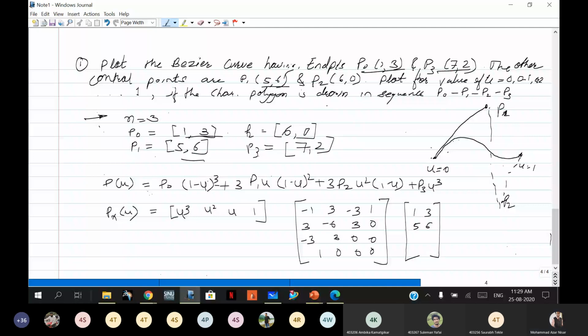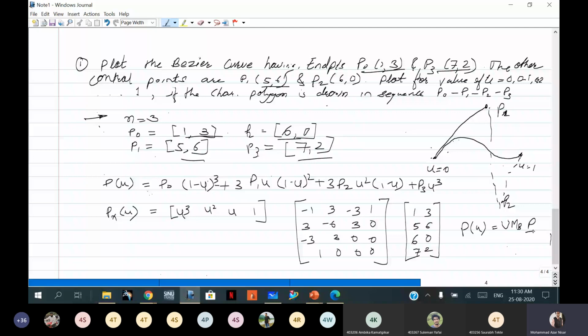So this equation is nothing but P of u equals capital U MB into P. These are the positions of the points, these are the matrix of Bezier, and this U is the degree of polynomial.